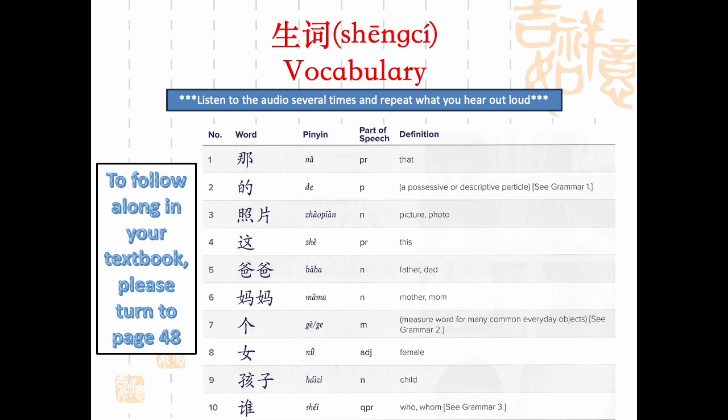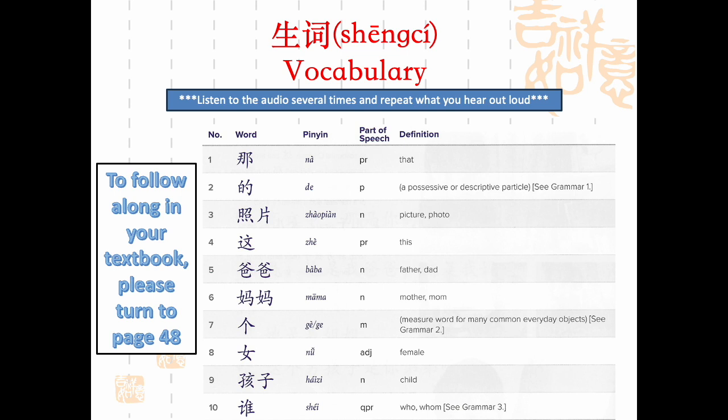Lesson 2, Dialogue 1, Vocabulary. 1. 那 That. 2. 的 A possessive or descriptive particle. 3. 照片 Picture. Photo. 4. 这 This. 5. 爸爸 Father.